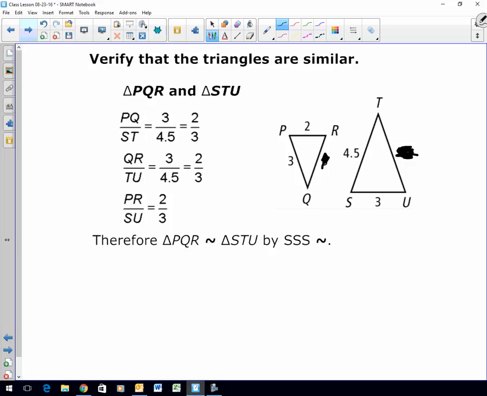Yes, Heather. Do I have enough information to prove that these triangles are similar? I have no angles and I have 2 sets of sides. We do a side-side similarity.